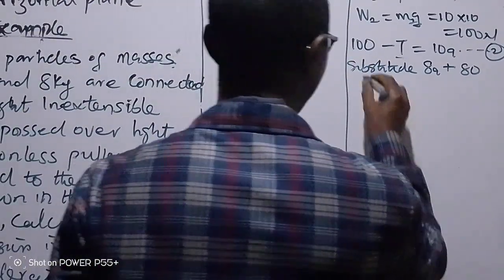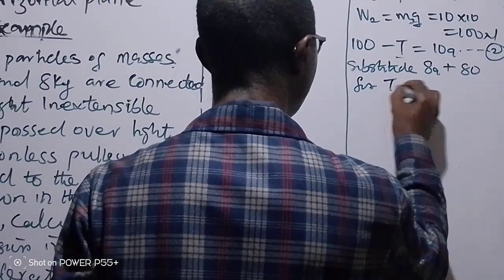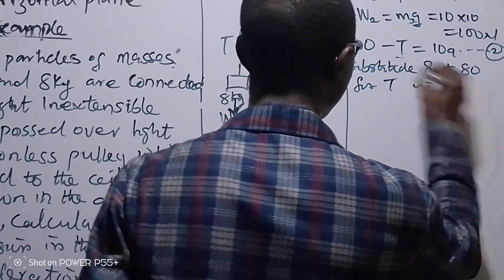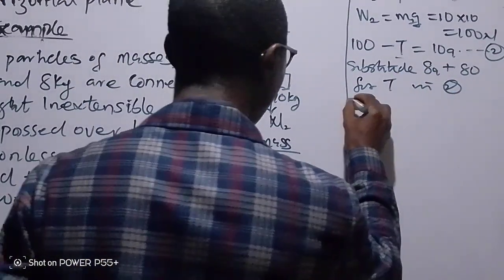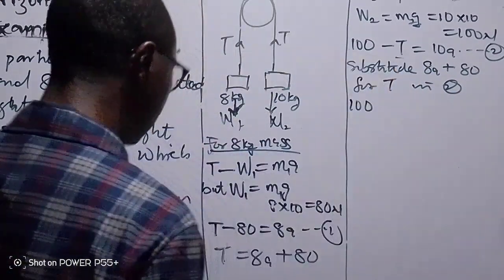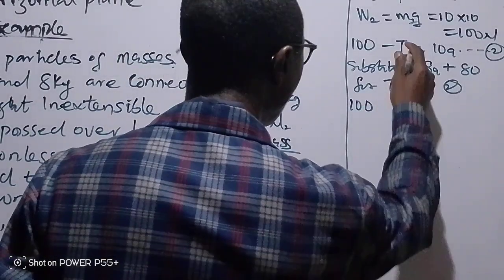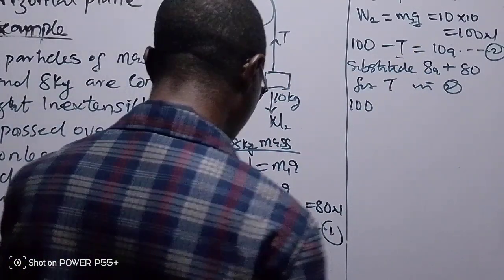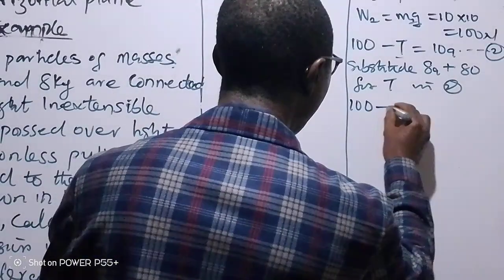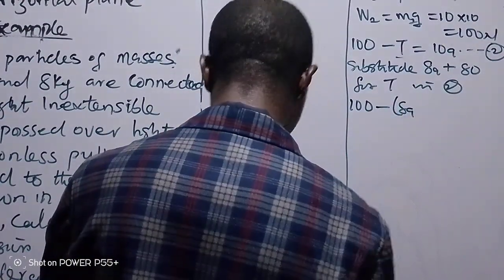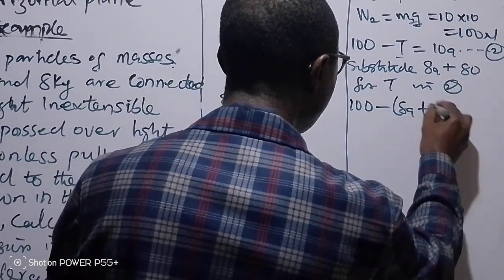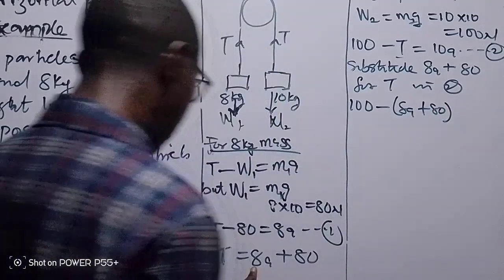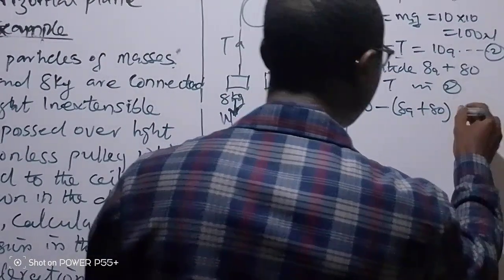for T in equation 2. So we are going to have 100 minus, what is our T here? That is 8A plus 80, then is equal to 10A.